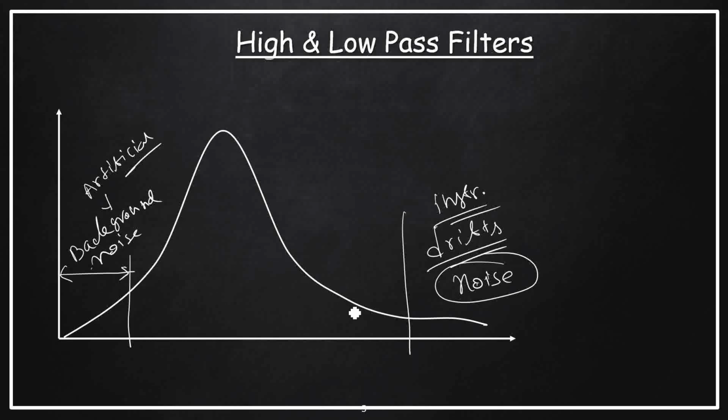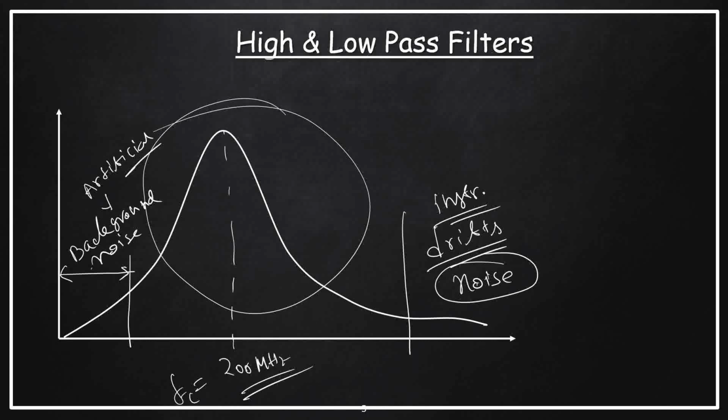If you understand this part, next part will be very easy. So what I will be doing here, I will be applying some filter. Suppose the center frequency here is 200 megahertz antenna. Center frequency is fc equals 200 megahertz, and most of the signals are in this portion.